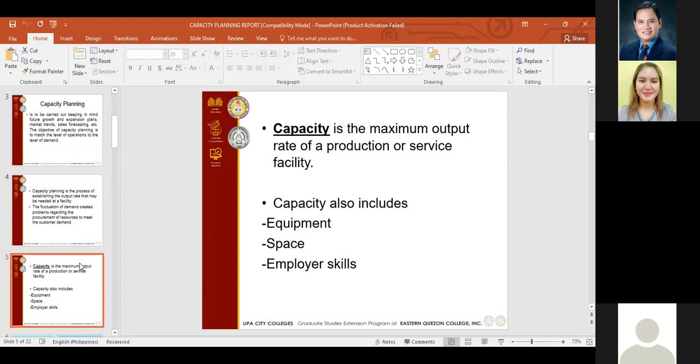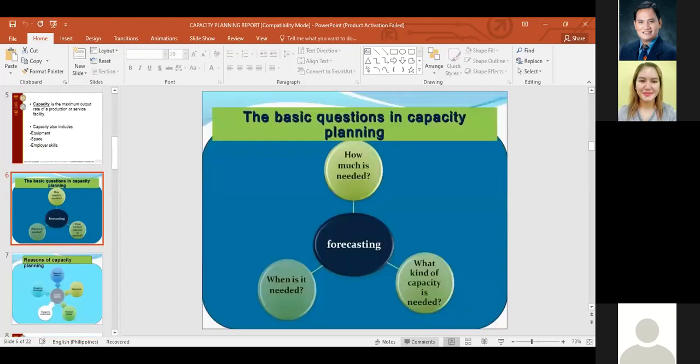Capacity includes the equipment, the space, and the employees' skills. The basic questions in capacity planning, in forecasting, are: we need to know first how much is needed, what kind of capacity is needed, and when is it needed.